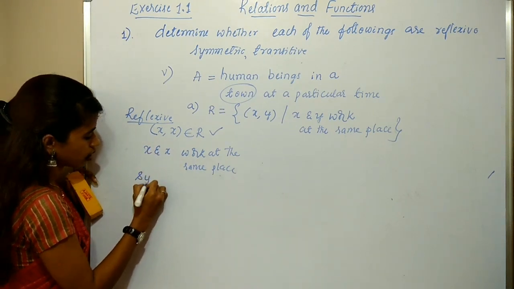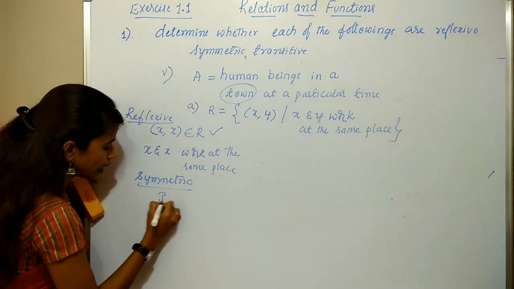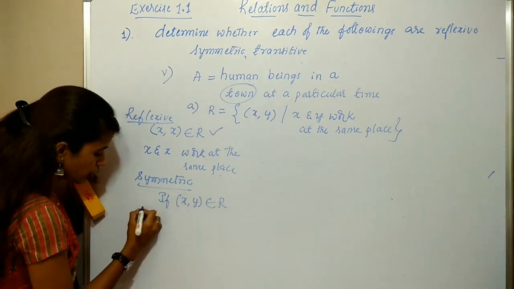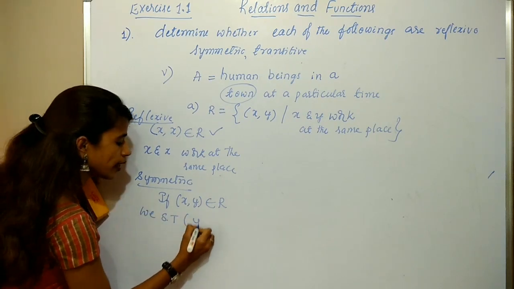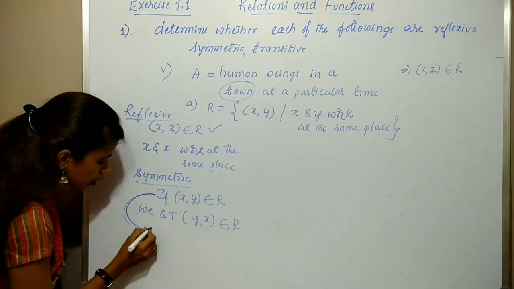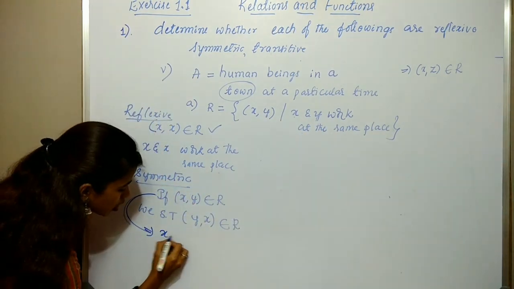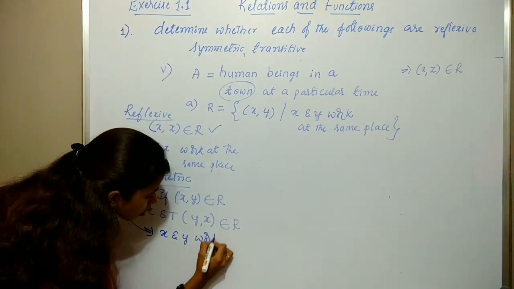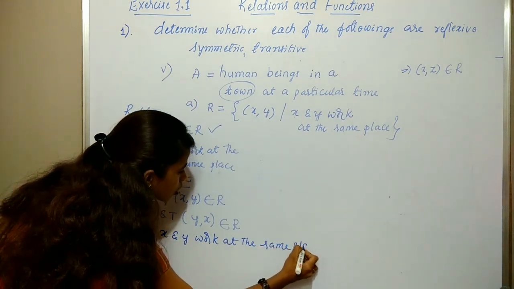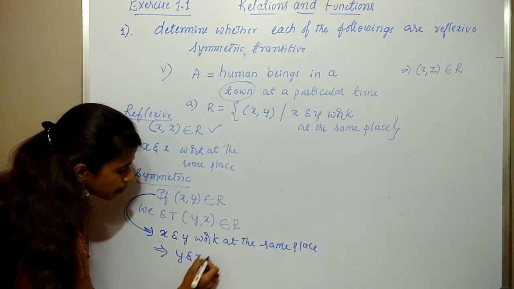Next, symmetric. What is symmetric? If I take the ordered pair x comma y belongs to the given relation, we show that y comma x must be in R. x comma y belongs to R implies x and y work at the same place. It means y and x work at the same place.